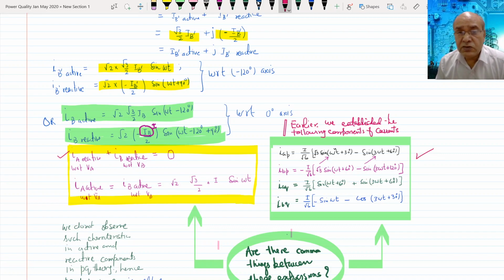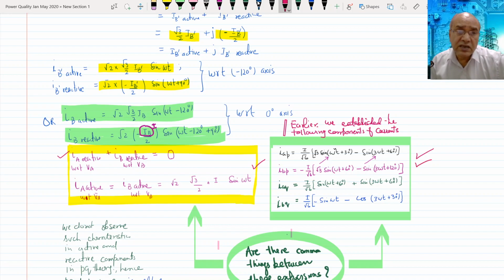Are they same or are they different? Is there no connection between them? Our common sense tells that if the theory is in line with the standard definitions of active and reactive powers, then they must be same. If this is doing something else, then it is a different phenomenon.